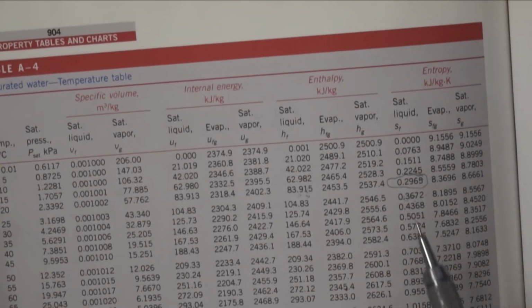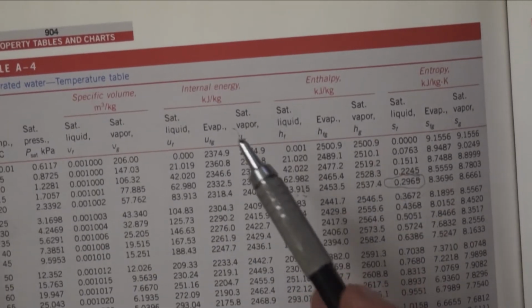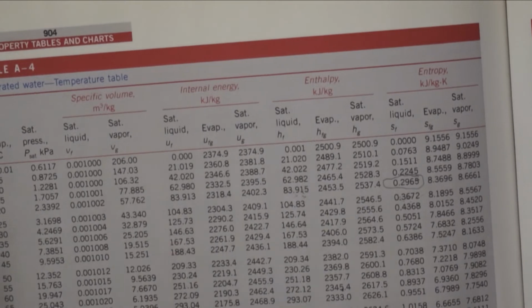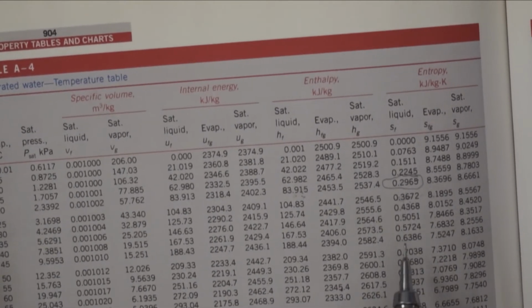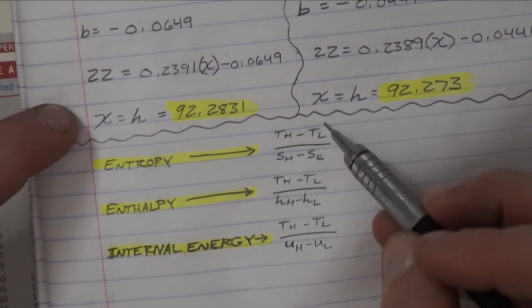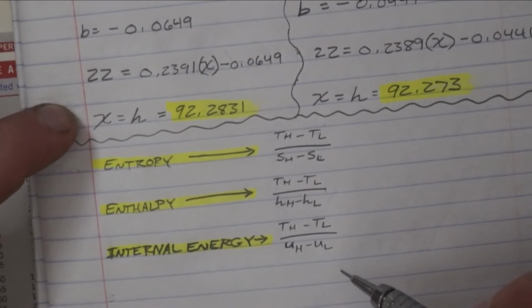It's not on the line, it's to the left of it. So it's compressed liquid, so we can still use this table. We've used the 25C, and we can interpolate everything based on what we get for those numbers as well. So once you have a known value, you can interpolate everywhere from there. That's how you do it.